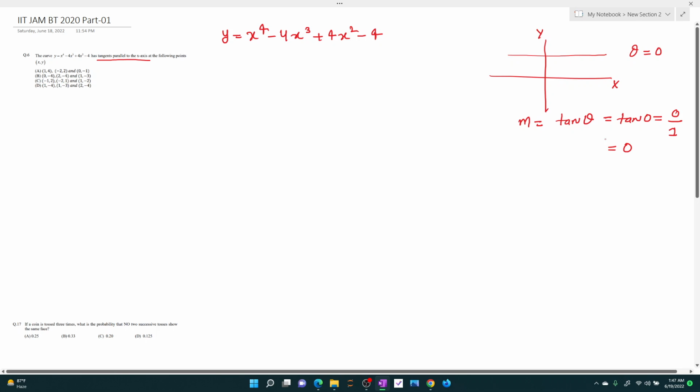Also we know that dy over dx represents the slope of the tangent. So the tangent will be parallel to the x-axis, which simply means we need to find the points where the value of dy over dx is 0.